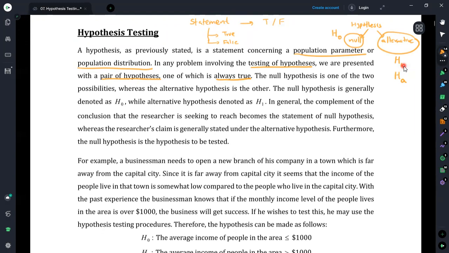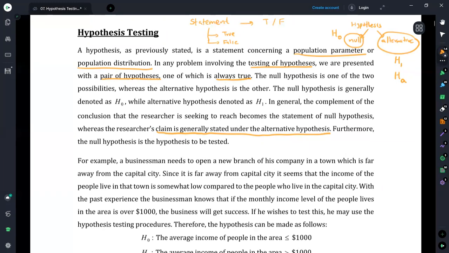The researcher's claim is generally stated under the alternative hypothesis. If a researcher is seeking to find out something, then that claim should always go under the alternative hypothesis, and its negation is always stated under the null hypothesis.